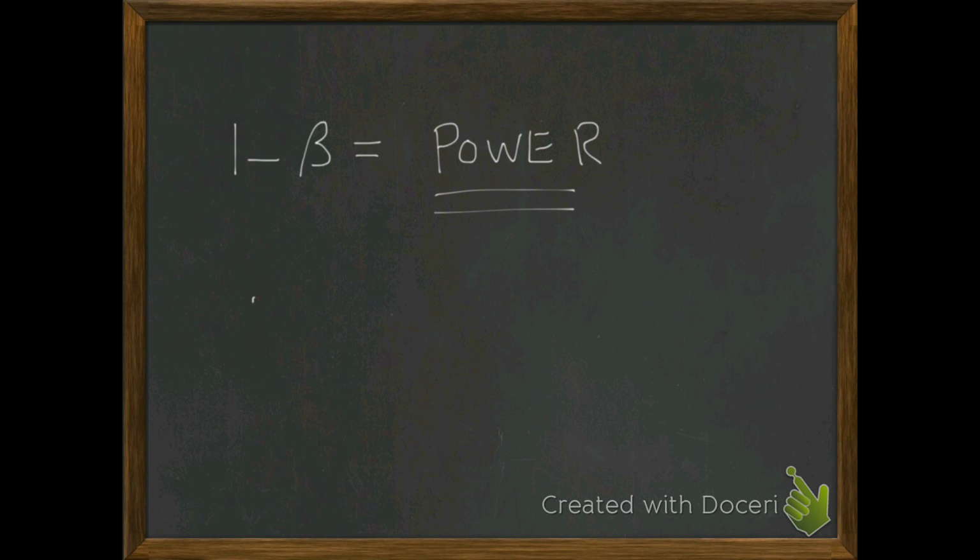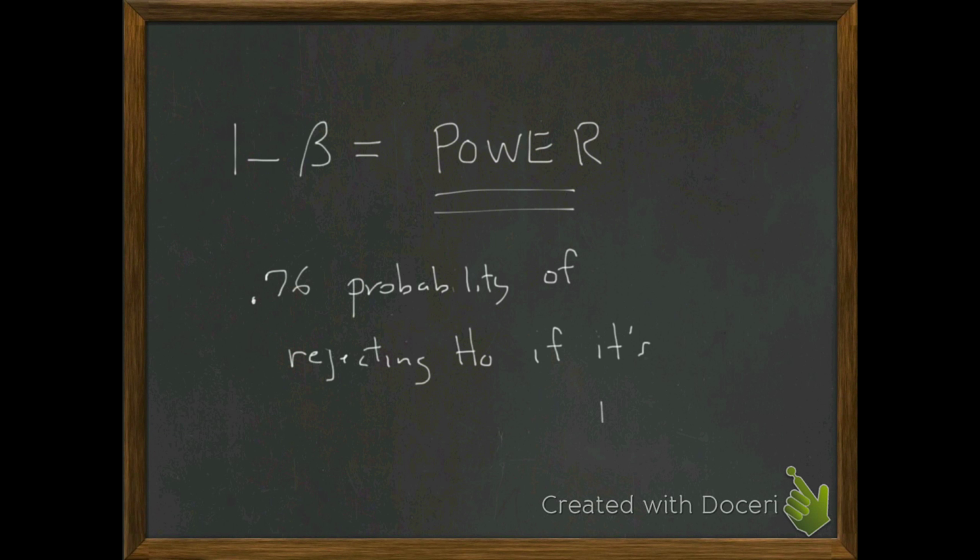So there is a 0.76 probability of rejecting H sub O if it's false.